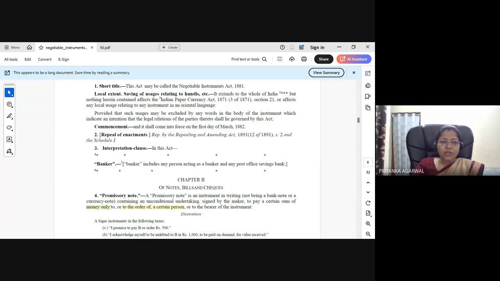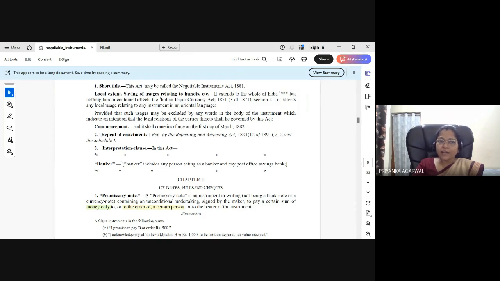Okay, so now it is the RBI Act 1934. RBI alone has the authority to issue currency and negotiable instruments. So that is the reason money will not come under the Negotiable Instruments Act.